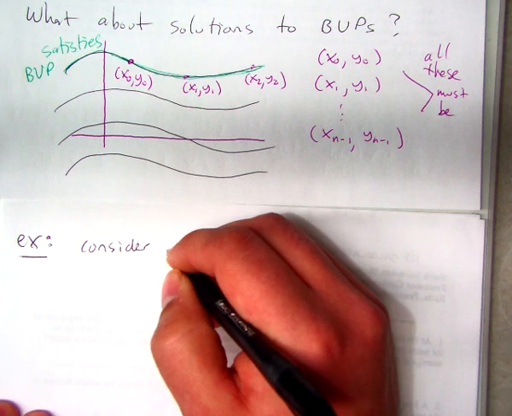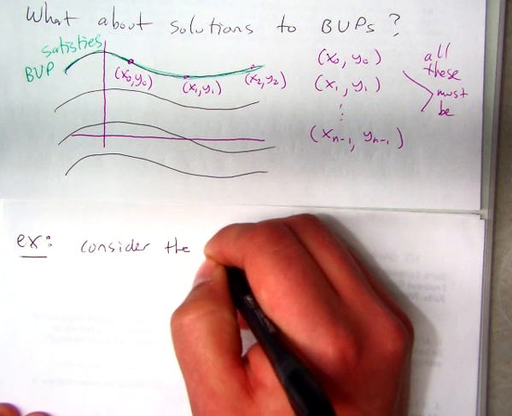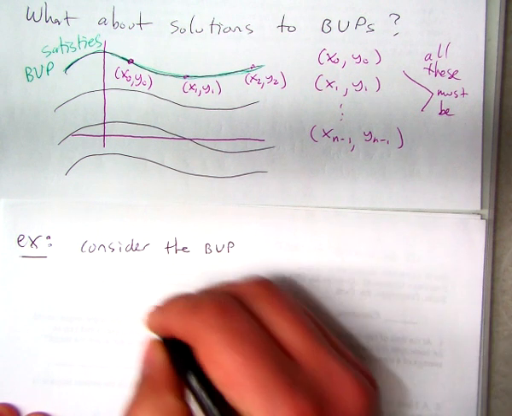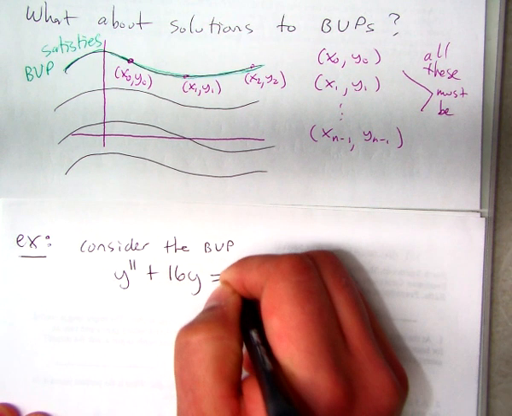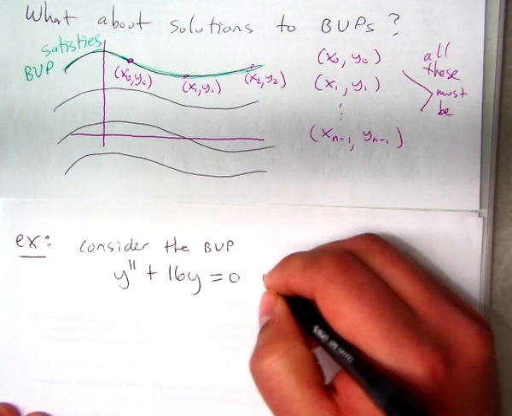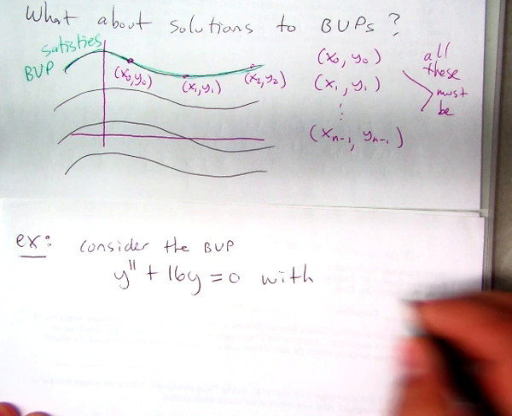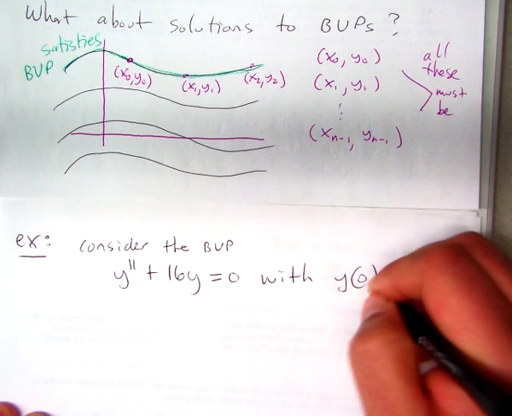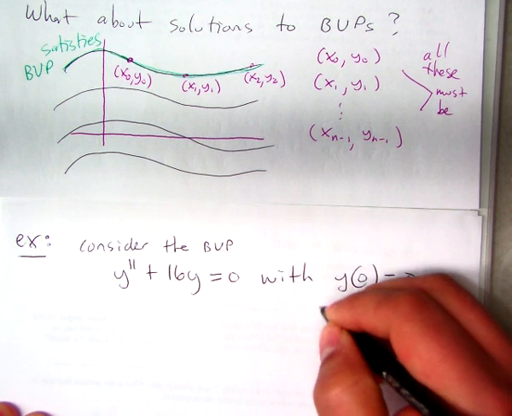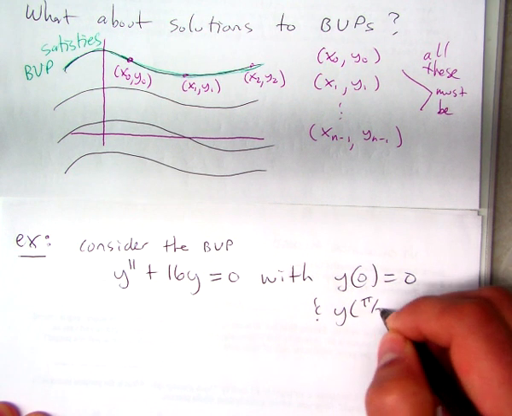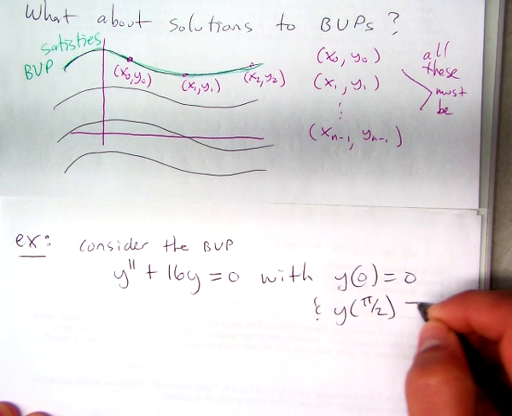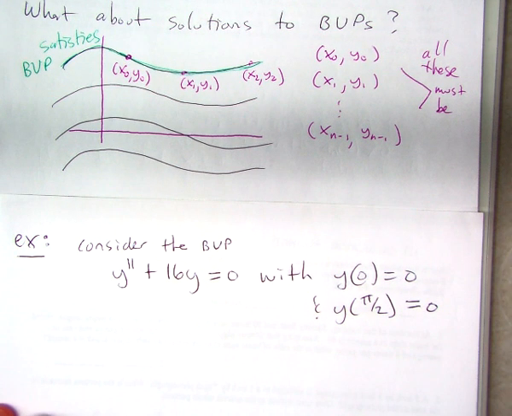Right, so let's consider the boundary value problem. y double prime plus 16y equal to 0 with y of 0 equal to 0 and let's say y of pi over 2 equal to 0.